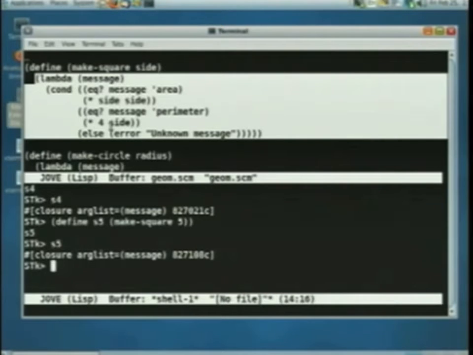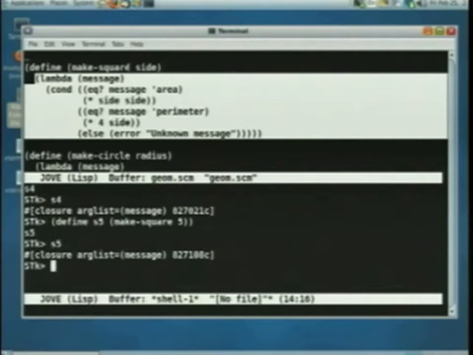Okay? So you've seen something like this before. Back when we introduced pairs, and I said, and the book said, we actually don't need to have pairs as a primitive feature of our language because we can implement pairs using lambda. Remember? So we said define cons of A B to be lambda of message. If the message is car, return A. If the message is cdr, return B. And we're doing the same thing here.